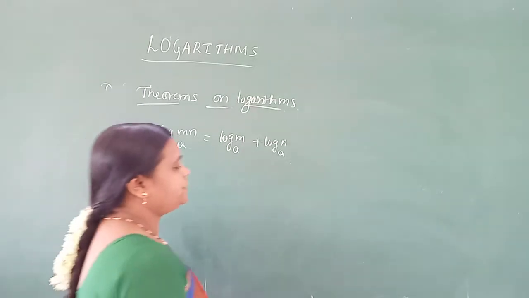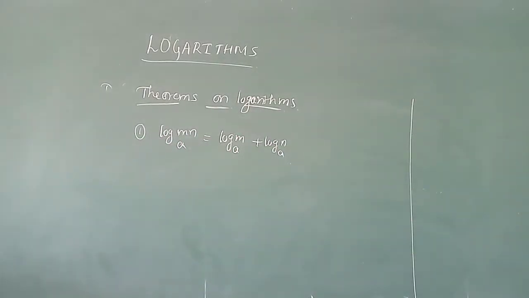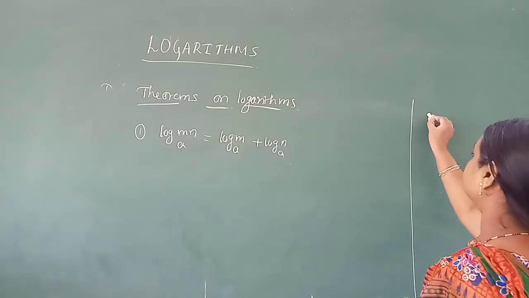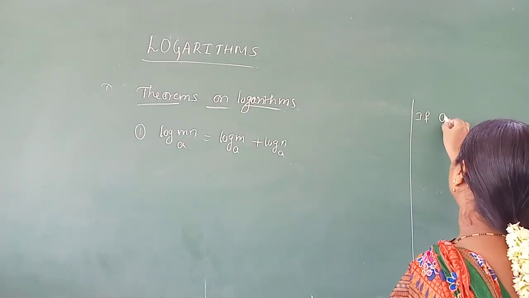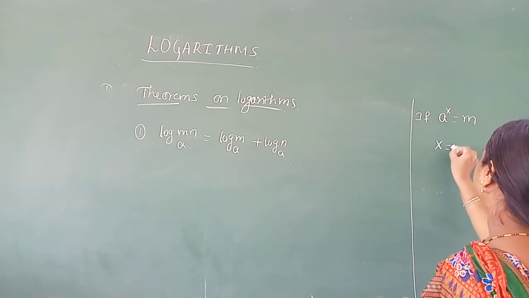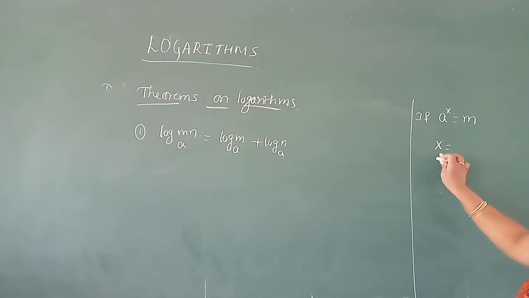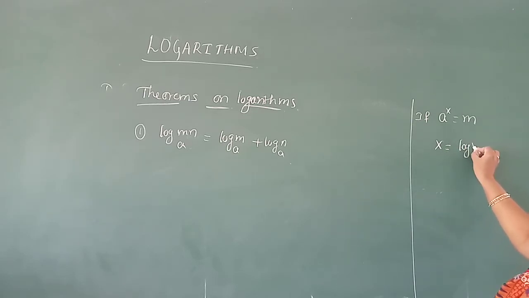See, we have the definition. Just remember, if a to the power x is equal to m, then x, the power or the index, is nothing but the value of log, and it can be represented as x is log of m to the base a.